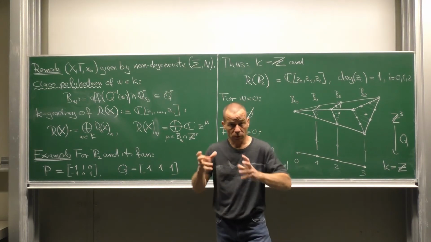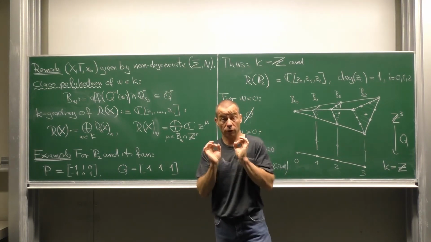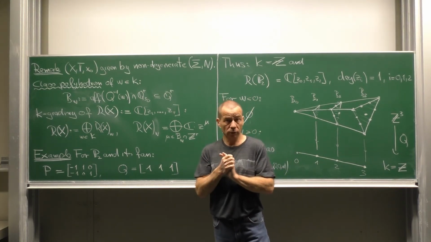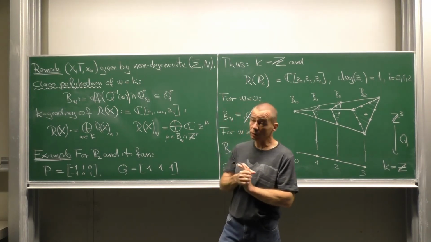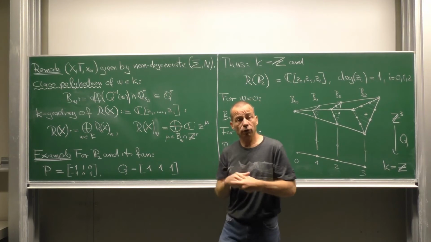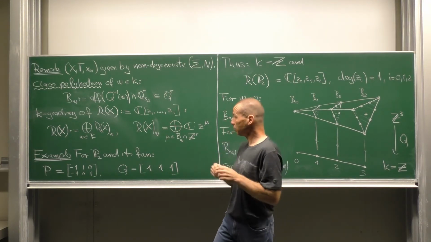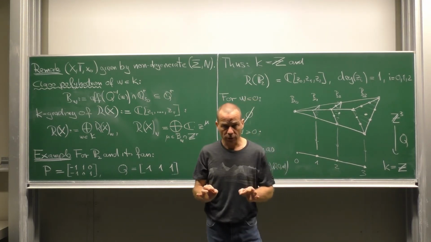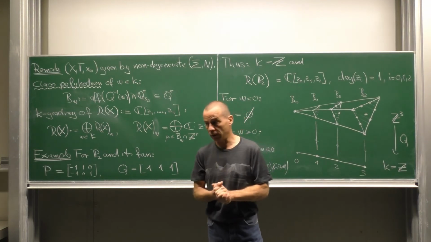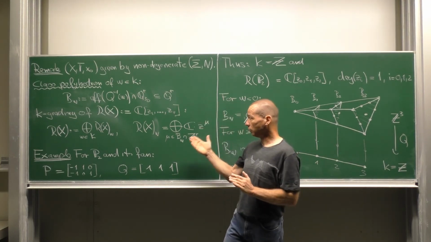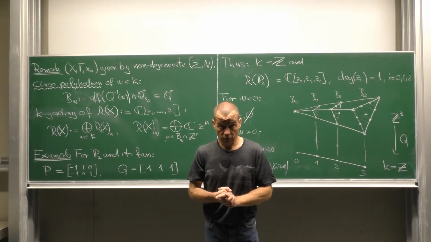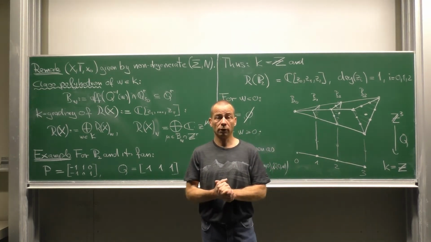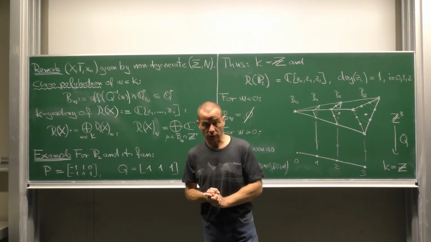We need all the monomials of degree w. They generate this homogeneous component. And by definition of the class polyhedron, these are precisely the lattice points inside B(w). So B(w) gives us the generators for the homogeneous component of degree w.